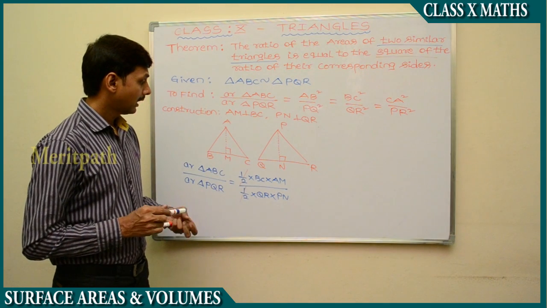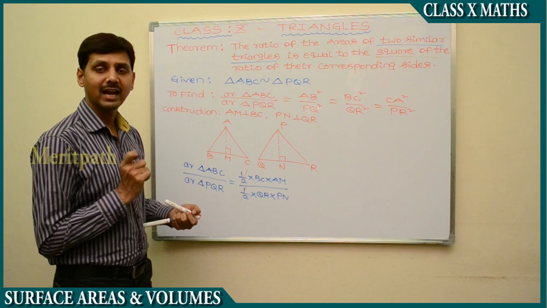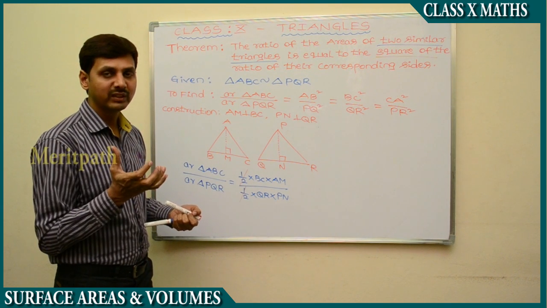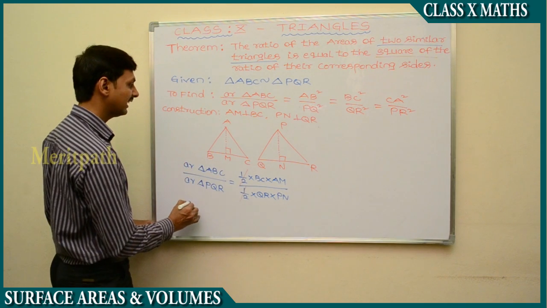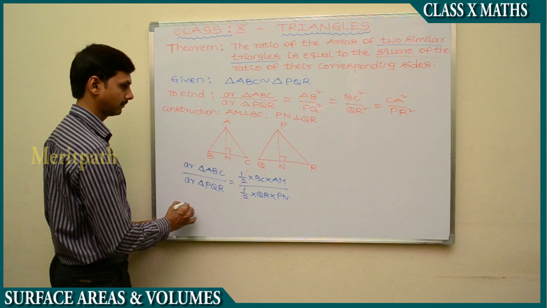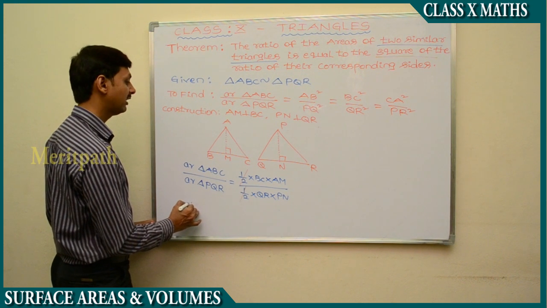So let's take triangle ABC and triangle PQR. They are similar to each other.